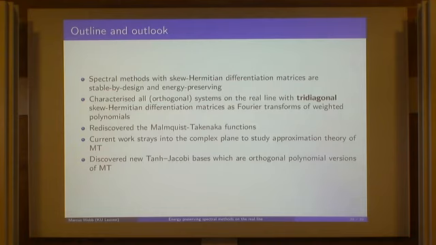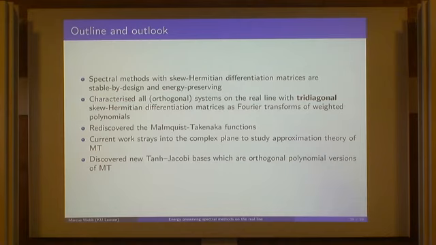Okay, this is the outline and the outlook. Spectral methods with skew Hermitian differentiation matrices are stable by design, as Iserles puts it in an earlier paper, and they're energy preserving, the energy being the L2 norm, by design.